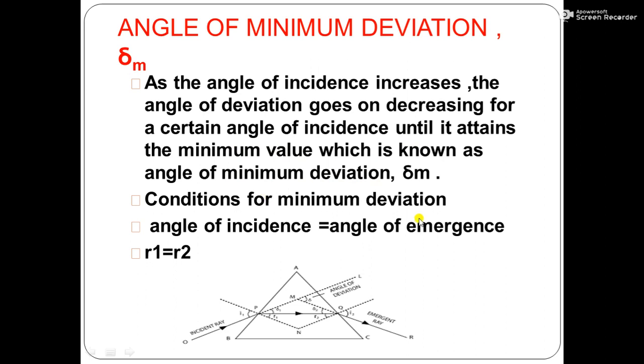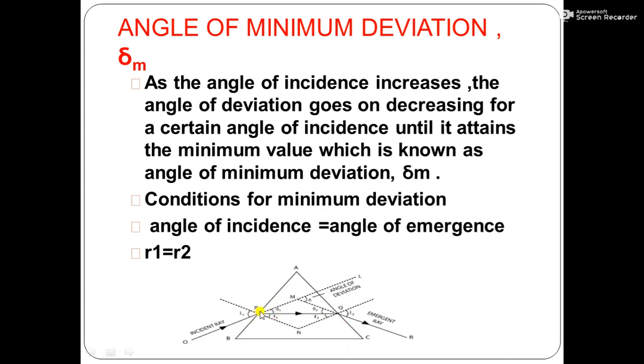The conditions for minimum deviation: the angle of incidence should be equal to the angle of emergence. And the second condition is that the angle of refraction r1 and this angle r2 should be equal. That means the angle of incidence equals the angle of emergence, and the refracted angles are also equal inside the prism.